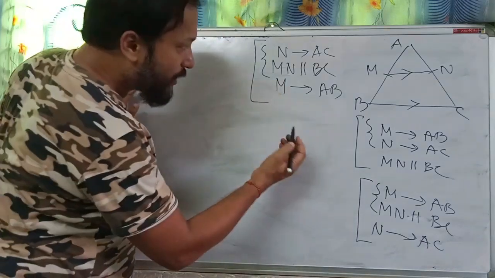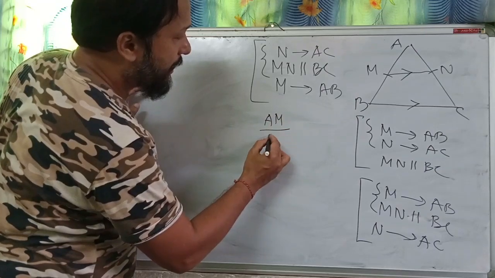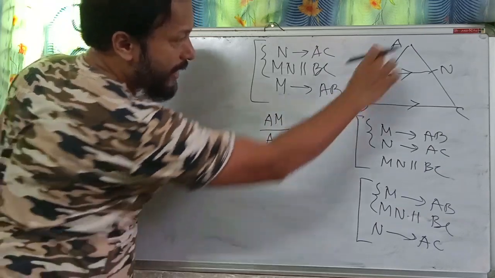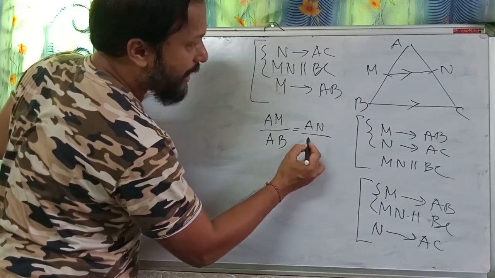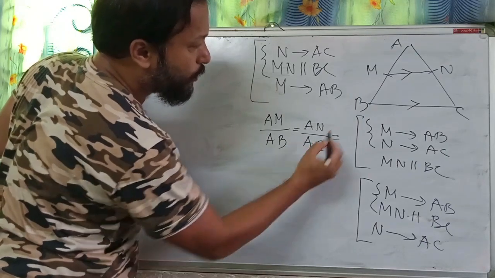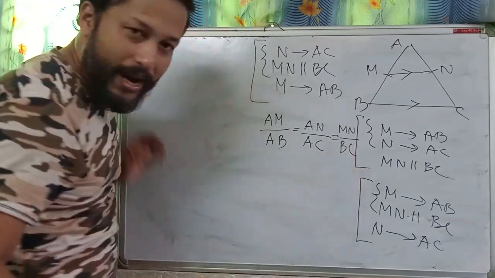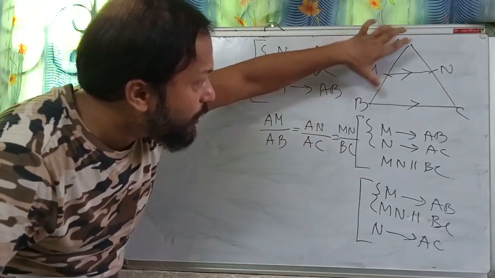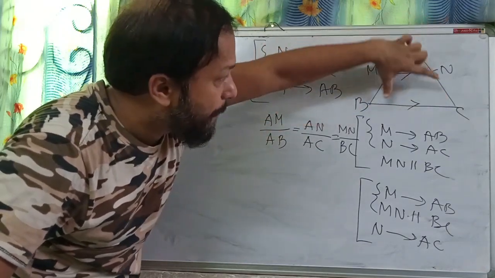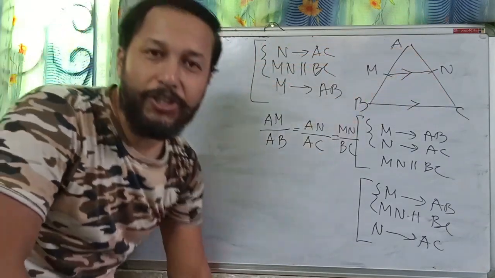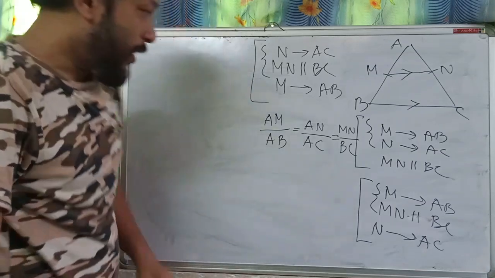See, I can write AM by AB equal to AN by AC equal to MN by BC. Okay, this by total, this by total, and this by total. This one we can write. Understood? Don't forget this.